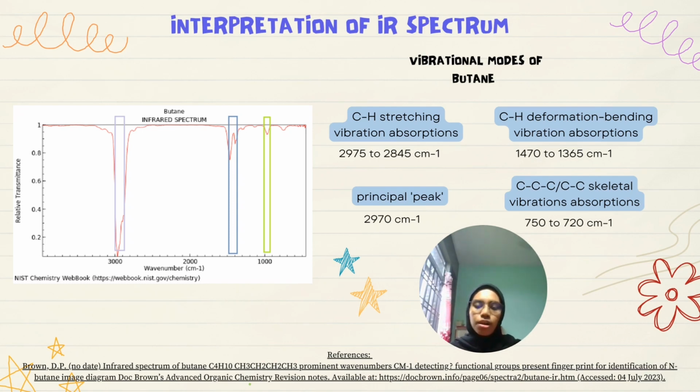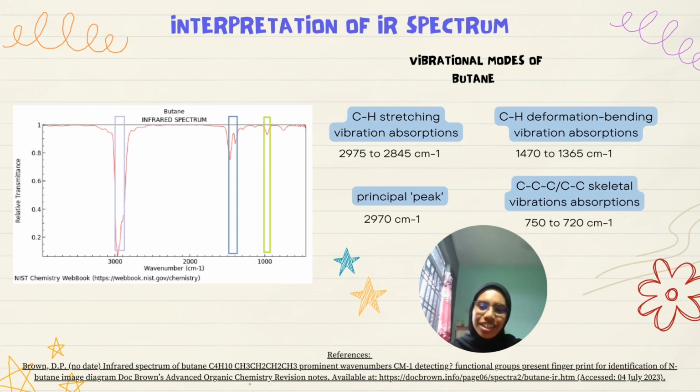So the blue box, which highlights the region between the wave numbers 1470 to 1365, indicates that this is a CH deformation bending vibration absorption. This just means that the CH bond in this region has the bending vibration.